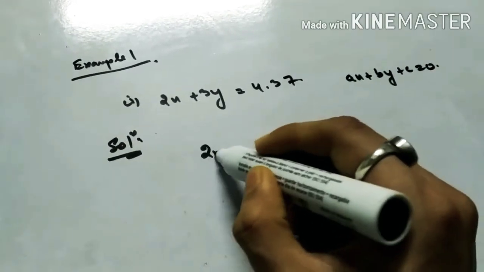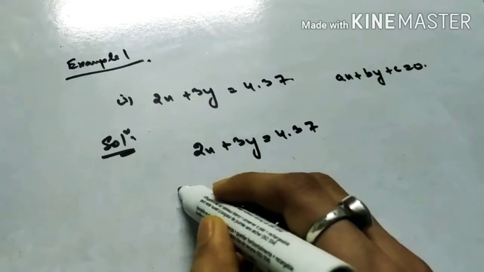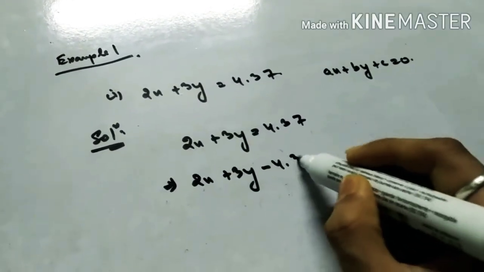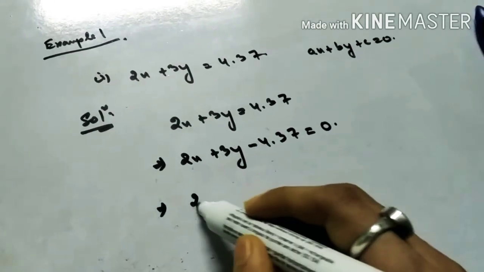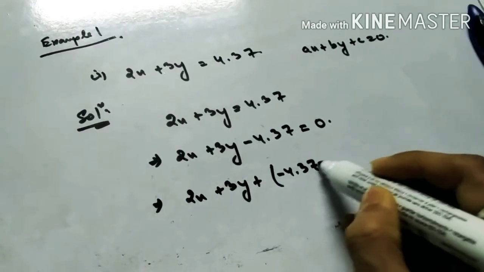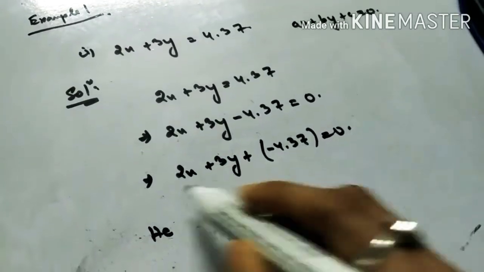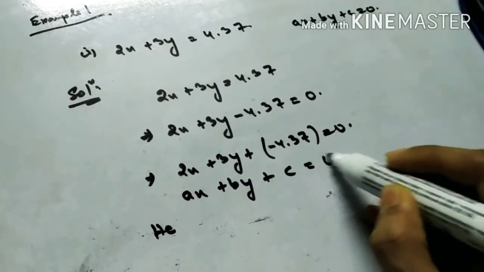So therefore, 2x plus 3y minus 4.37 is equal to 0. We can write this as 2x plus 3y plus bracket minus 4.37 is equal to 0. So you see, it came in the form of ax plus by plus c is equal to 0.